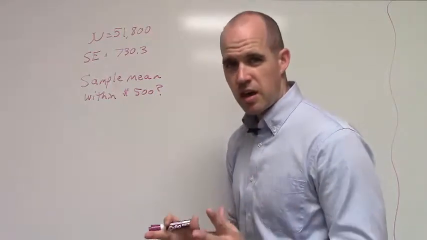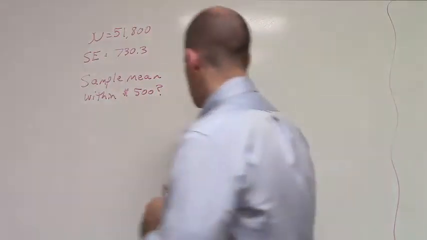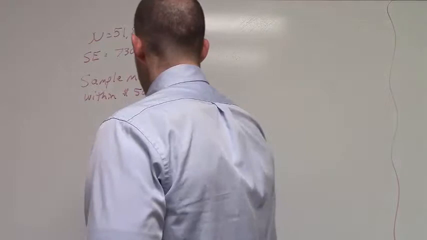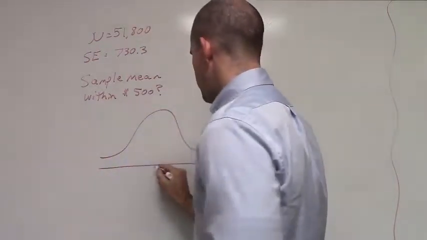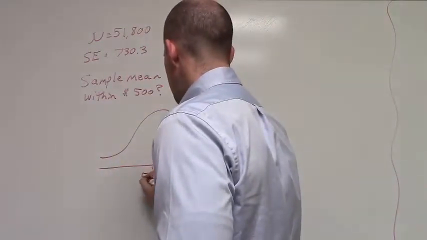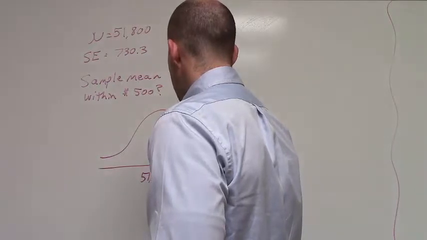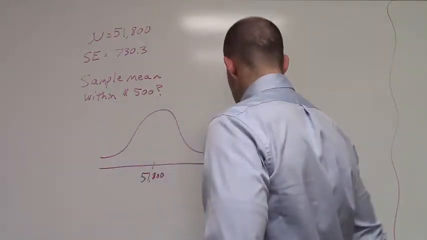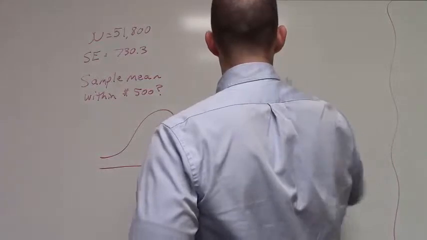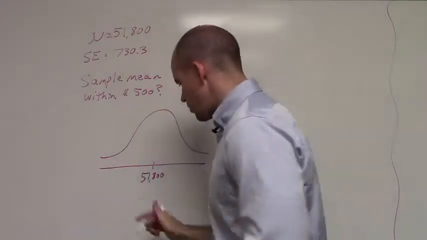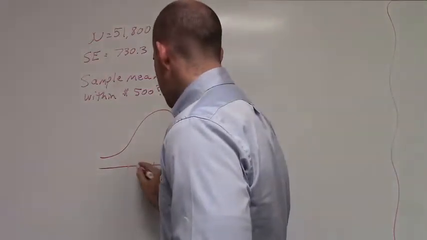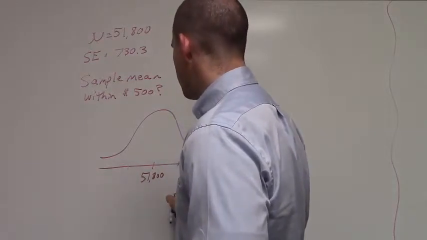So let's think about what we're asking. We've got a bell curve, and in the middle we've got our mean of 51,800. All right? So what I'm trying to figure out is what's the probability that it's going to be within $500.